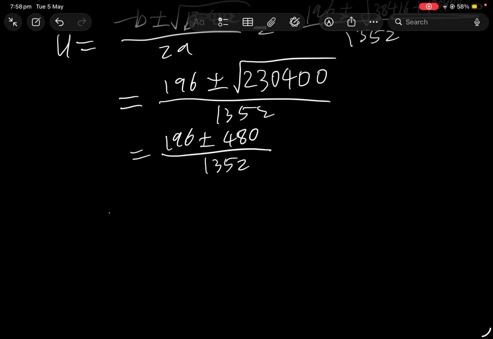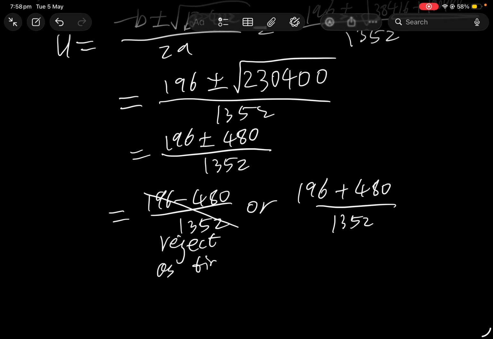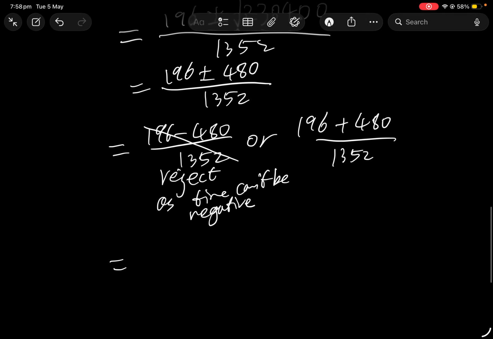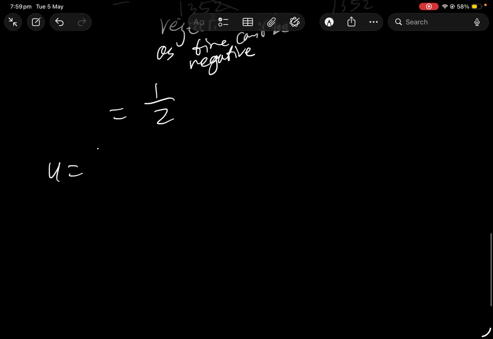So we reject as time can't be negative. So that will just equal 676 over 1352 equals 0.5. So u equals 1/2, t equals 2 hours.